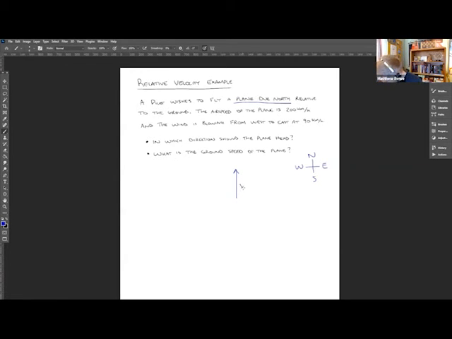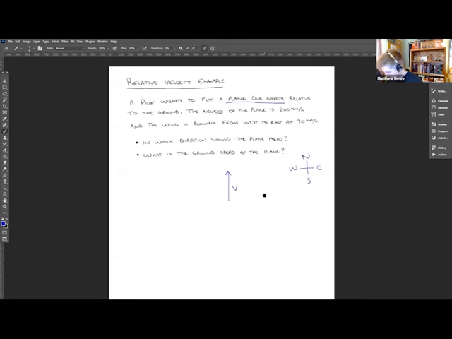So that's a velocity, and think of it as the velocity of the plane with respect to the ground. The airspeed of the plane is 200 kilometers per hour. We'll get to that in a minute.